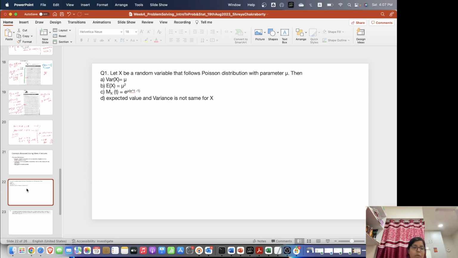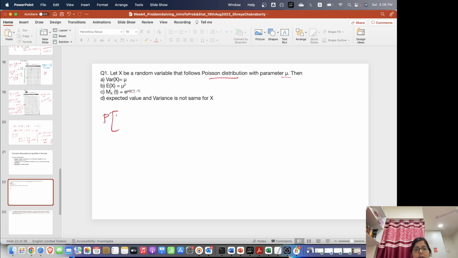So let us start with this one. Let x be a random variable that follows Poisson with parameter mu. Then which of the following is correct for variance? So we have Poisson distribution with parameter mu.